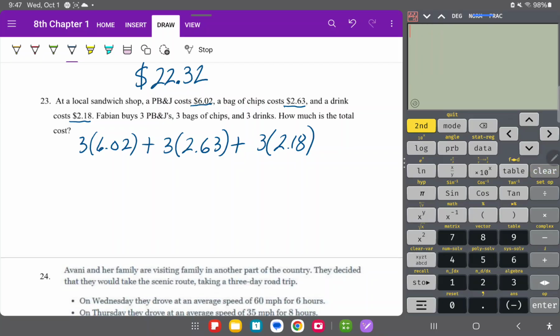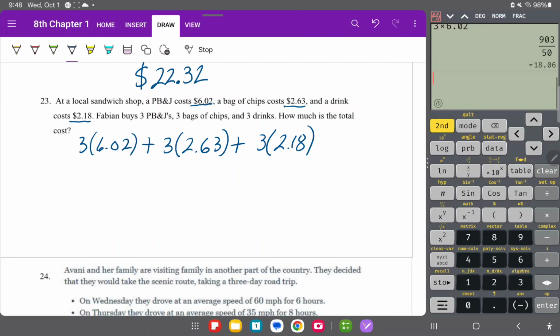Hold on. Let me start over. Okay, so that is $18.06. So then it's 3 times 2.63. And that is $7.89. And then we have 3 times $2.18.